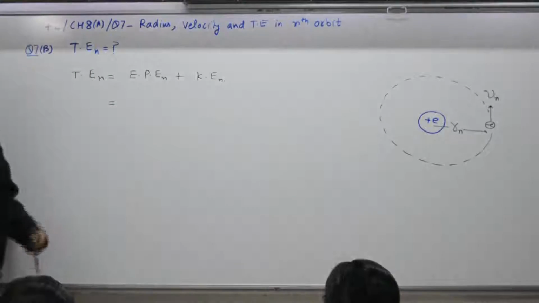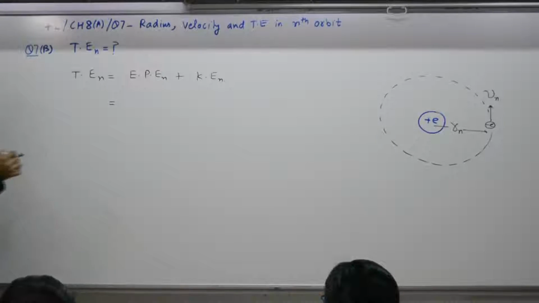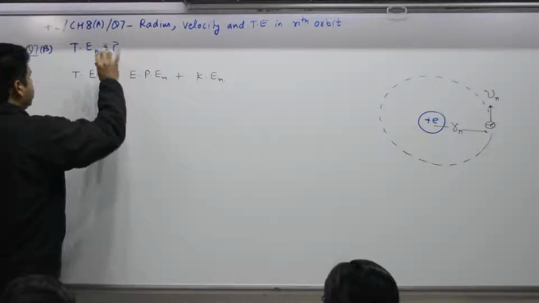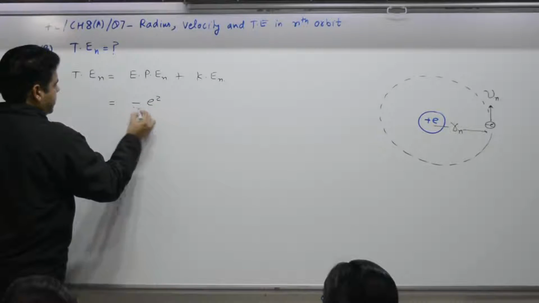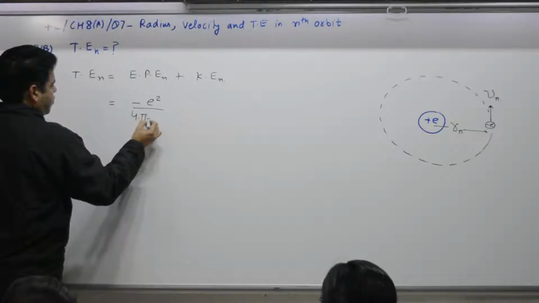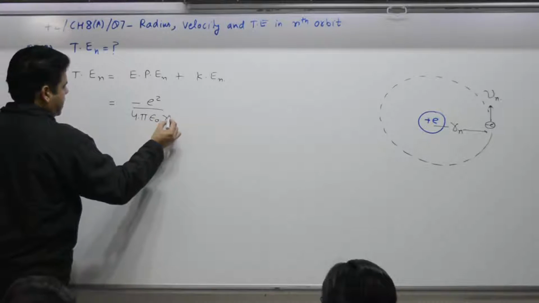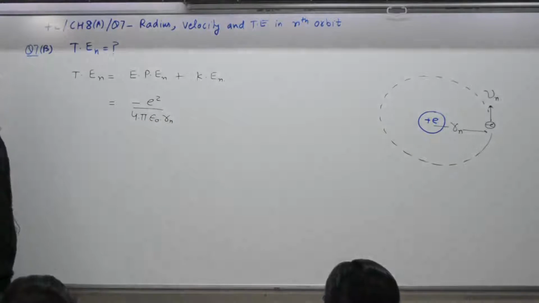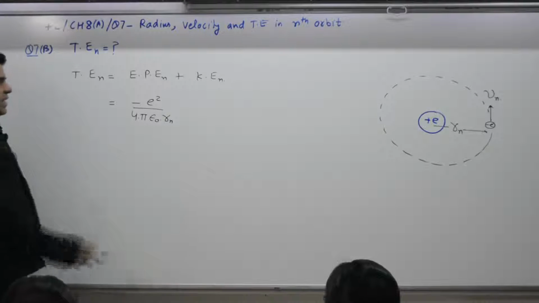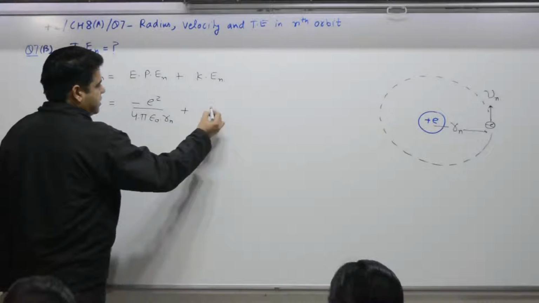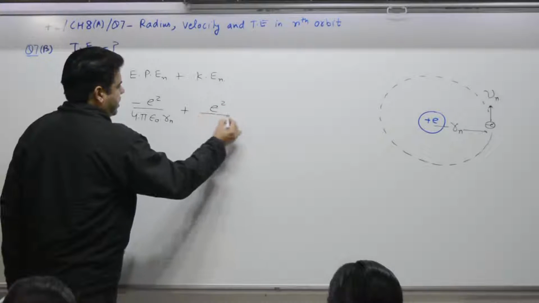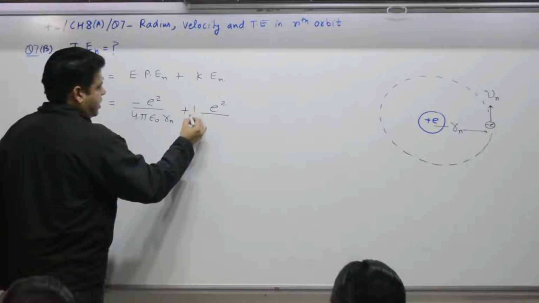What was the expression in the previous part? 7a dealt with minus e square over 4 pi epsilon naught Rn. How much was kinetic energy? Half of this, but plus: e square over 4 pi epsilon Rn, half of this.